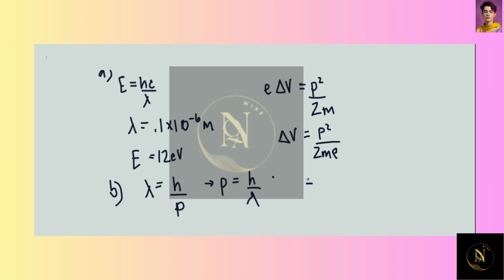Plugging in h over lambda for p, we get h squared over lambda squared m e, and then times 2, can't forget that too. So far I'm not quite seeing the connection, but that's okay.